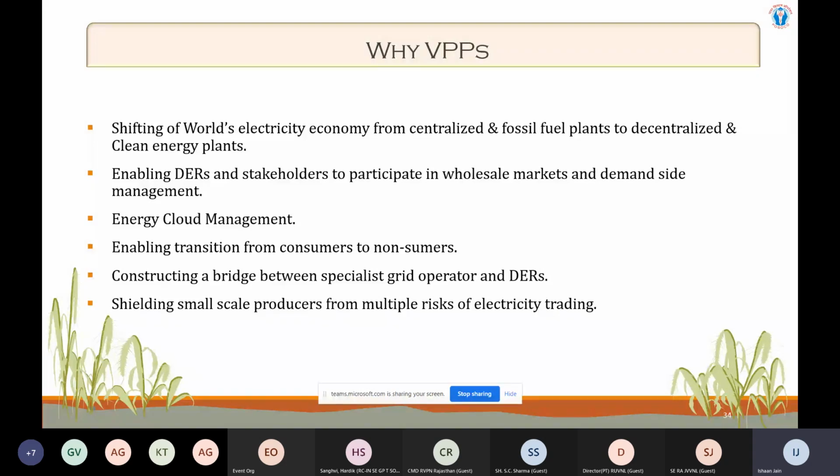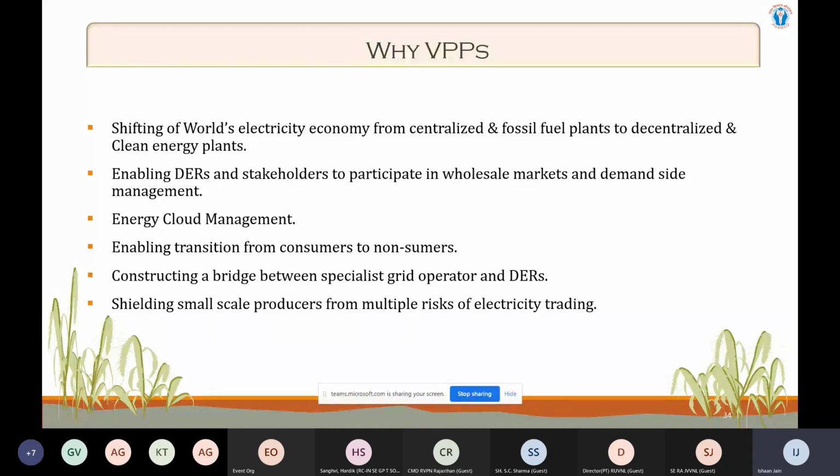You need to be a net zero country in power utilization. All these things can be done with the use of a virtual power plant, which can enable DER stakeholders to participate in the wholesale market and demand side management. You can also call it energy cloud management. Different words are being coined, but basically it's constructing a bridge between the grid operator and DERs.